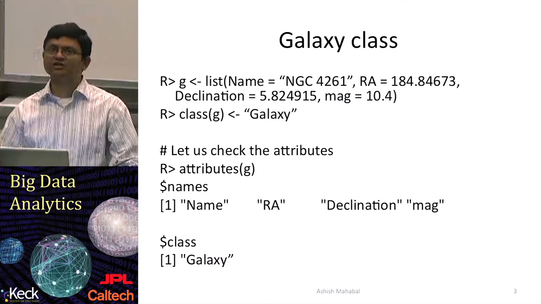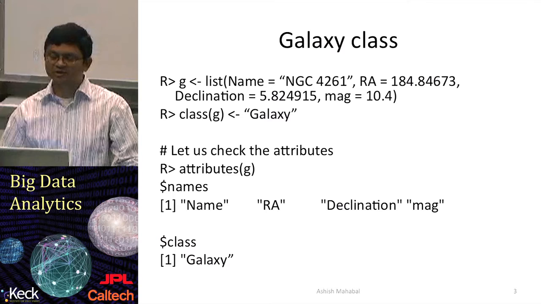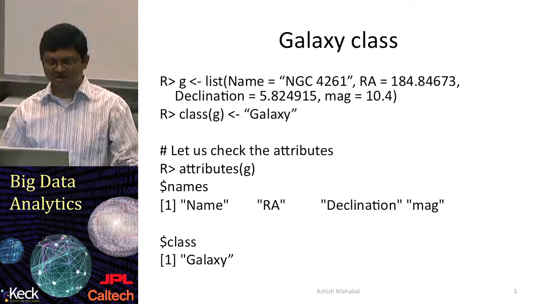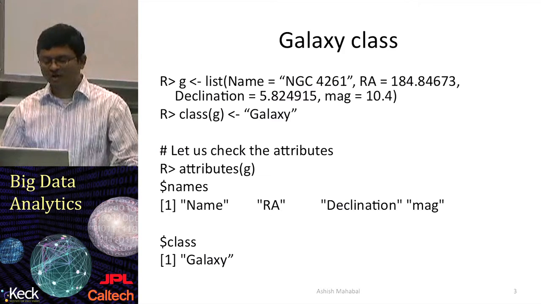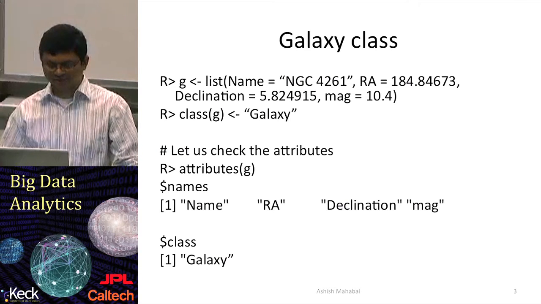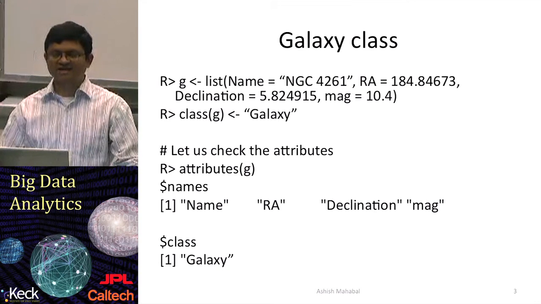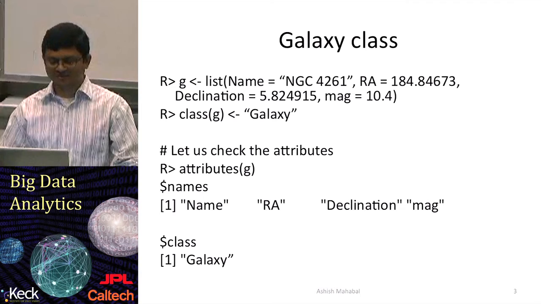Array and declination are the two variables that tell you the position of the object, galaxy in this case, on the sky, just like latitude and longitude. And then there is a certain magnitude. And then once you have defined this variable called g, then you can say that class of g is galaxy. And just doing these two things together defines for you that class.